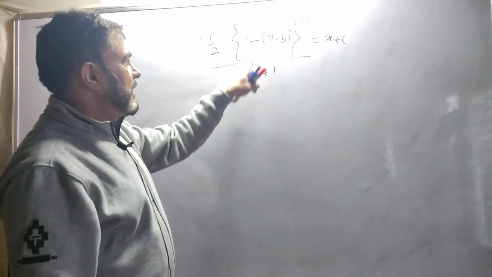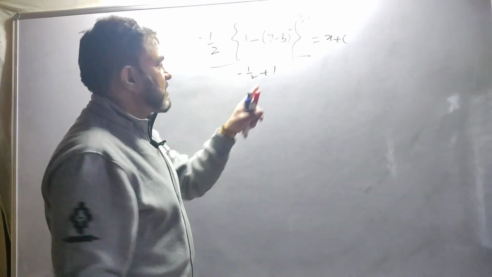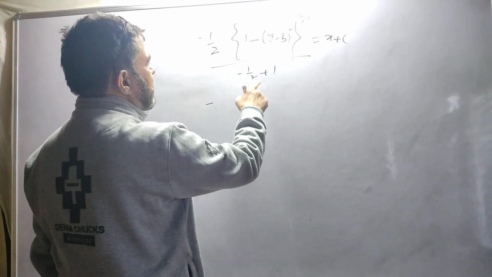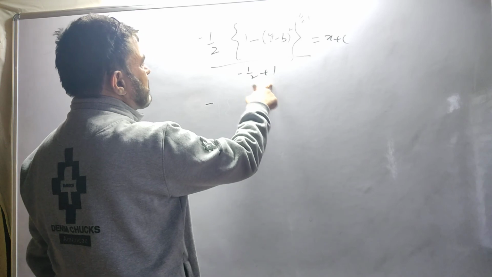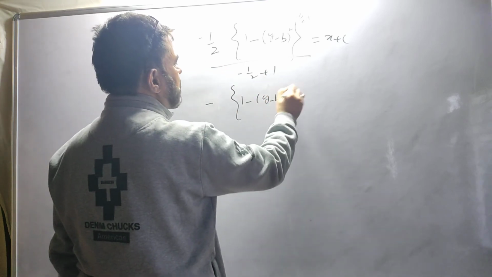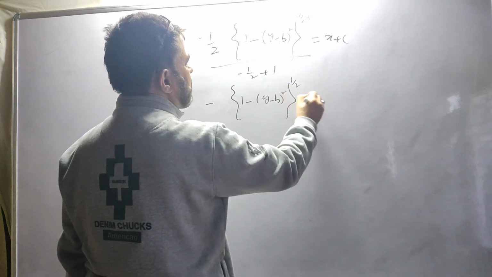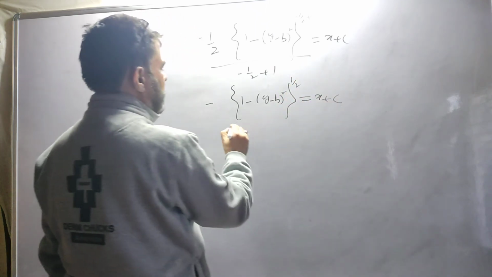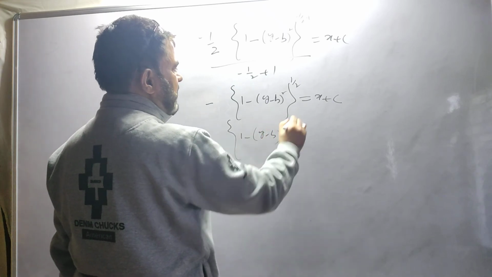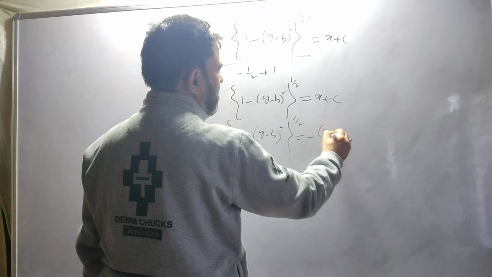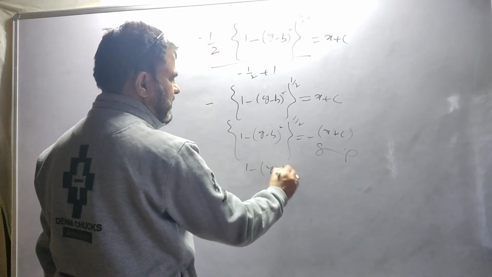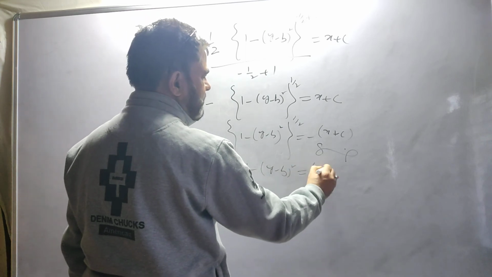That is why I have written here f(x) raised power n plus 1 by n plus 1. Automatically this gives minus 1 times 1 minus y minus b square raised power 1 by 2 is equal to x plus c. That means 1 minus y minus b square raised power 1 by 2 is minus times x plus c. Squaring on both sides, 1 minus y minus b square is equal to x plus c square.